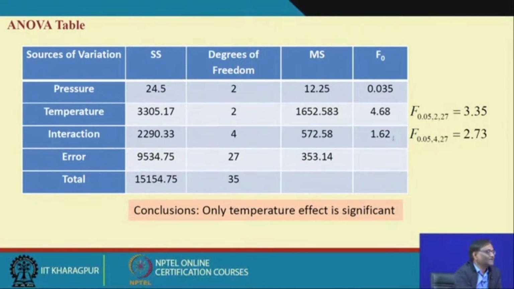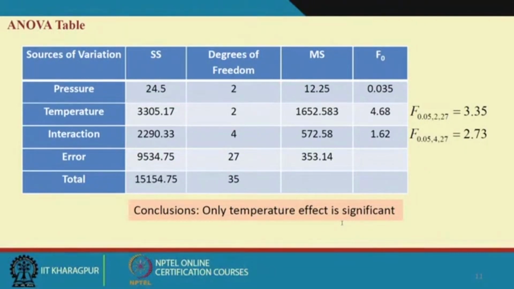As a result, temperature effect is significant, and other effects are insignificant. So, what is our conclusion? Only the temperature effect is significant; pressure and interaction effects are not significant. So, the temperature factor should be controlled, and then the life of the perishable good can also be controlled.